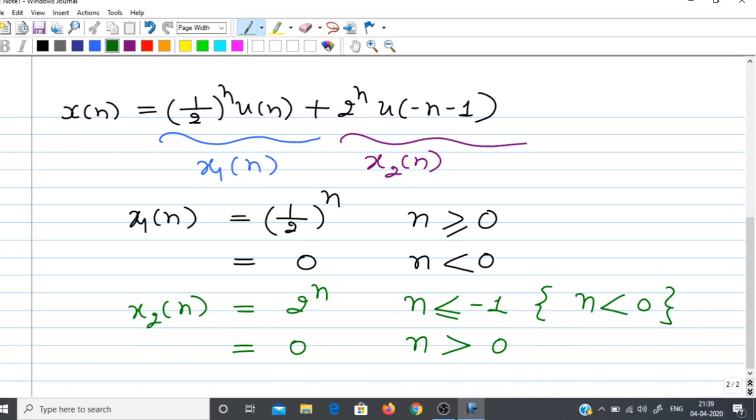So these are the two sequences, and x[n] is the summation of x1 and x2.